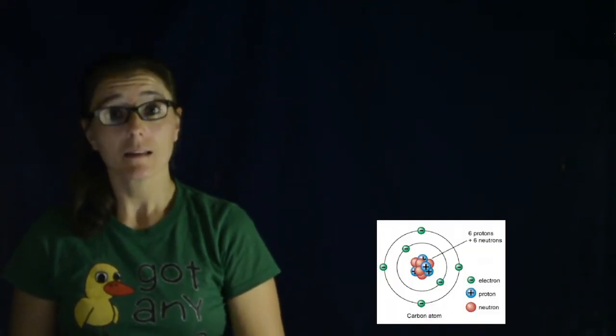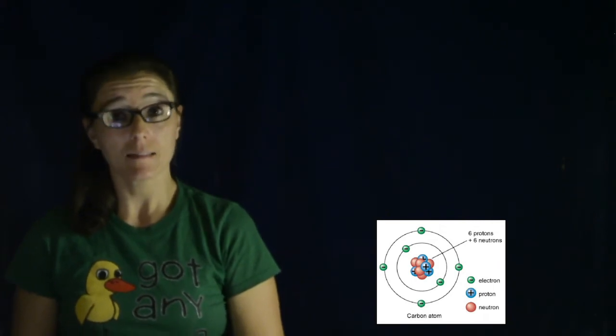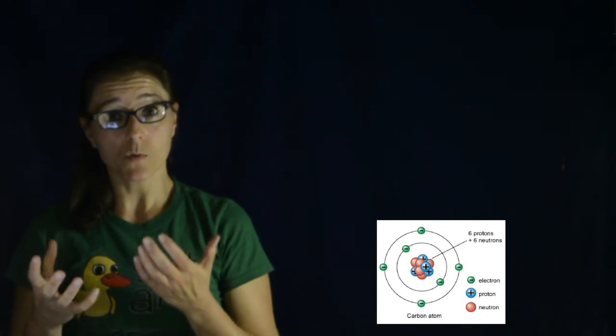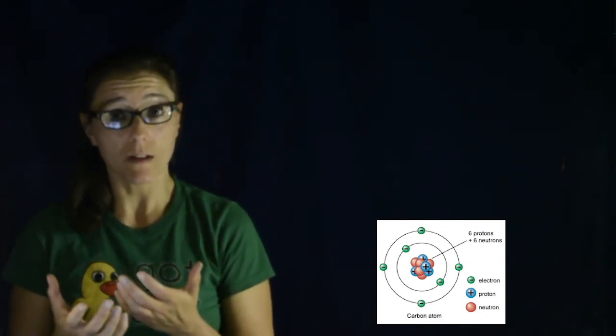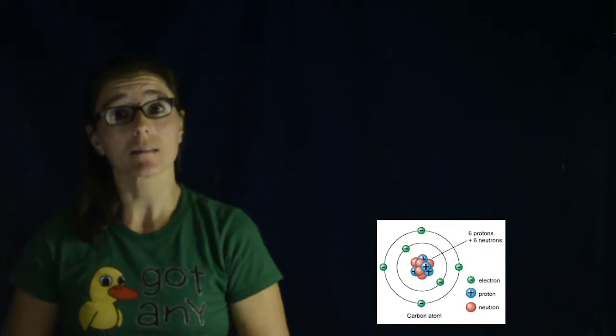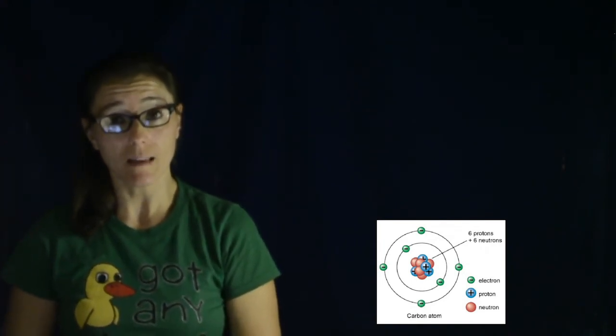Another thing worth talking about is mass defect. It turns out that if you were to take a look at the nucleus of, let's say, a carbon atom, 6 protons and 6 neutrons, if you added up the mass of 6 individual protons and 6 individual neutrons, you would actually get more mass than if you figured out the mass of a carbon nucleus by itself.